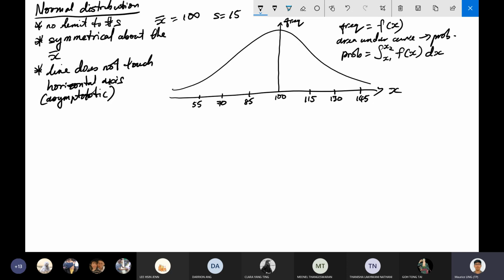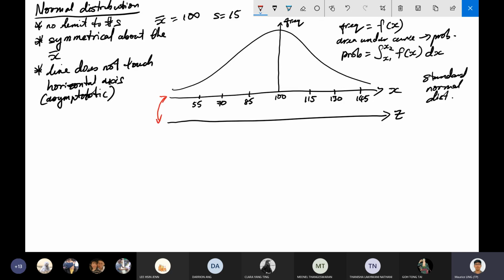Now, rather than have multiple tables of means and standard deviations, we generalize everything into what is known as a standard normal distribution. In a standardized normal distribution, the horizontal axis is called the z-axis. So the first step is, how do we convert between the x-axis and z-axis?